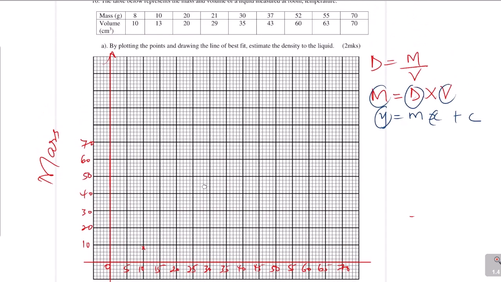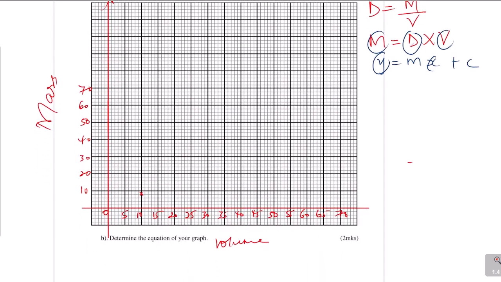The other one is 13, 10. So 13, 11, 12, this is 11, 12, 13.